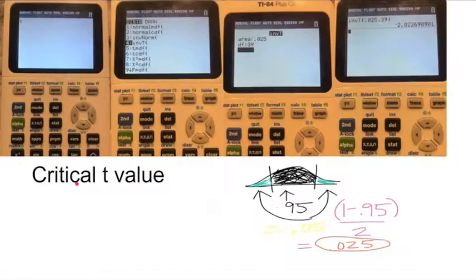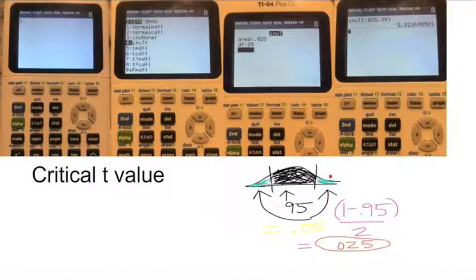Here is how to find the t-value. You're going to go to 2nd Vars, or just Distribution. From here, you can go to number 4, which is invT, and then you need to put in your area and degrees of freedom. As stated before, degrees of freedom is sample n minus 1, and the area is the area of one tail.